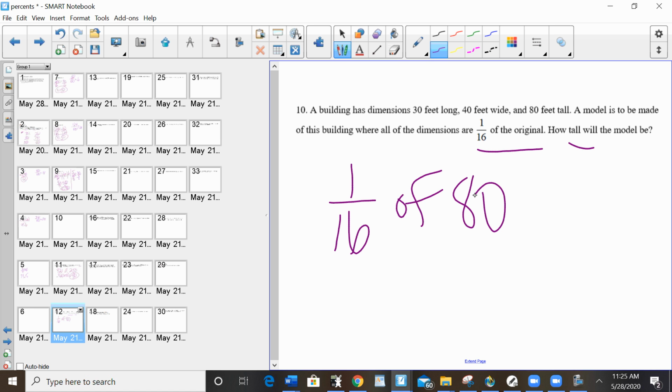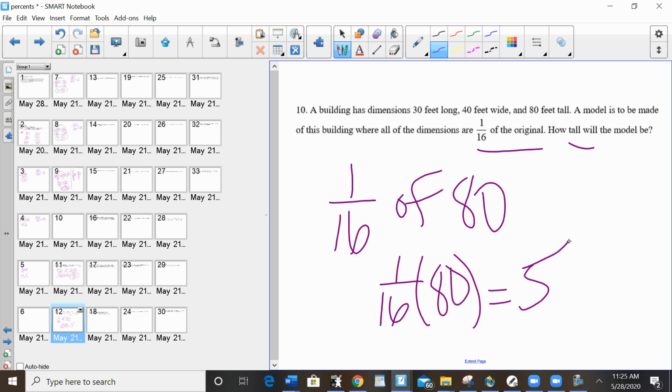You have to understand that we don't need that since it's asking for how tall the building will be. I want you to try and finish this problem from here. I'll give you about 20 seconds. 1/16 times 80 is 5.